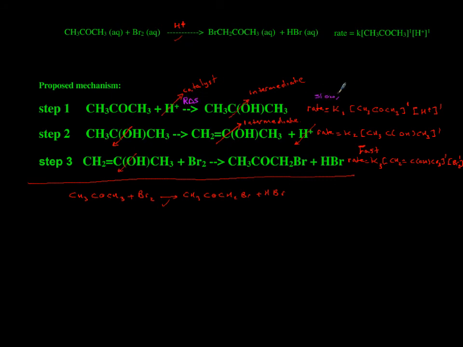It's the one with the largest Ea, and it has the smallest k, just for sake of knowing what's happening. So the first step is slow. My steps add up to be the overall reaction. So this is a good mechanism, and we accept it.